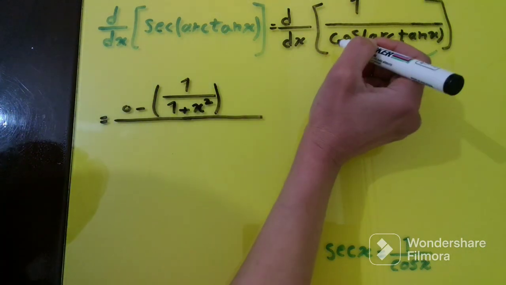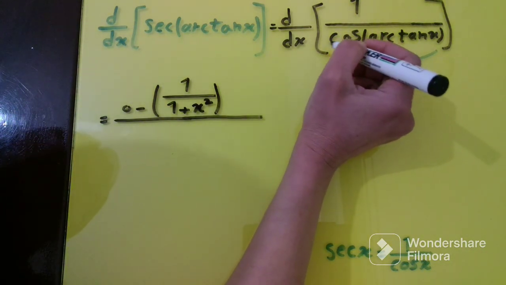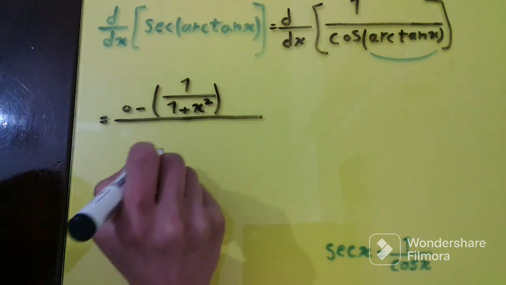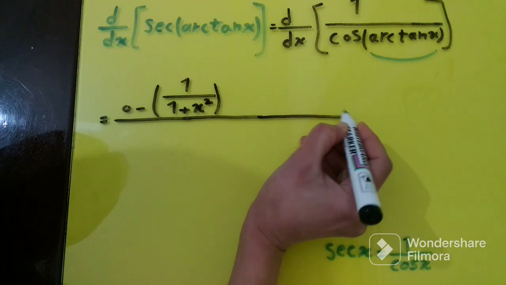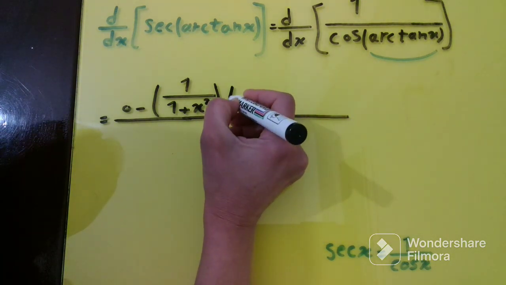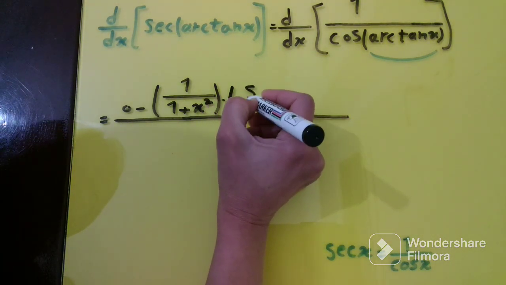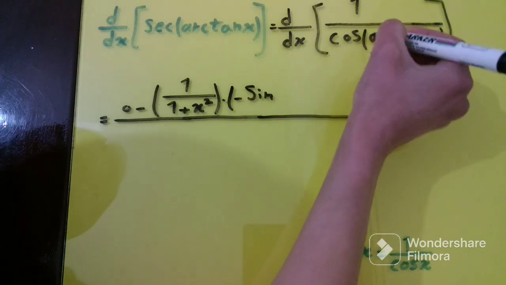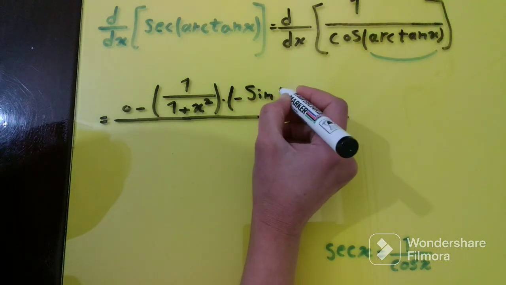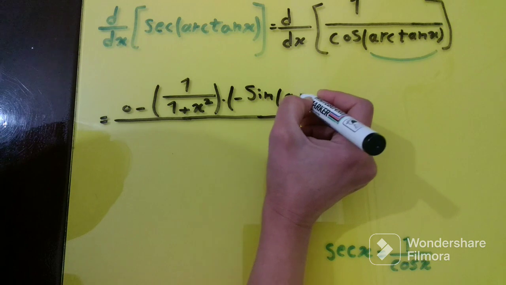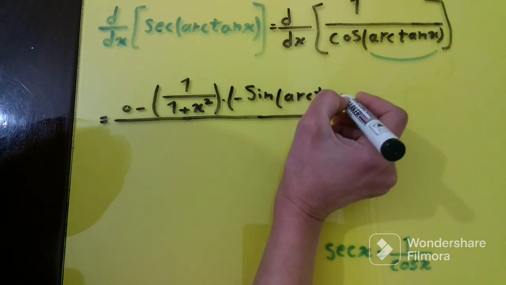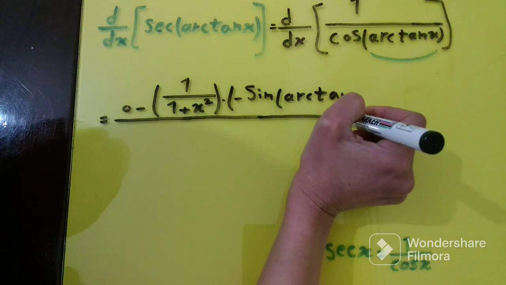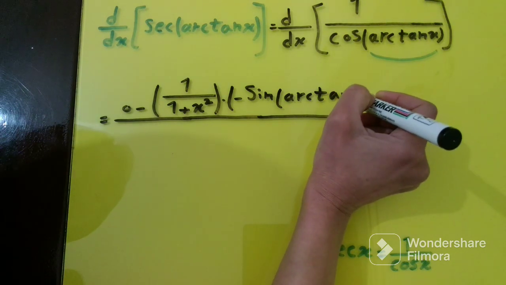No, you should get the derivative of cosine. The derivative of cosine is negative sine. So it's times negative sine. Repeat this term. Arctangent x.